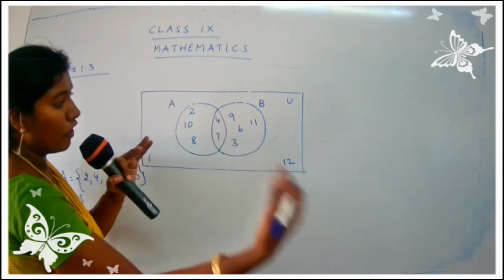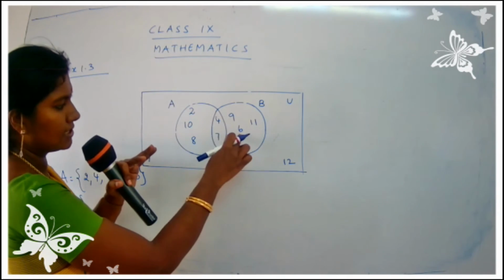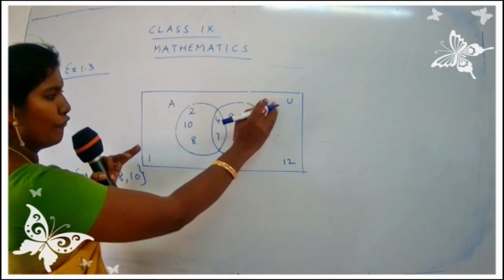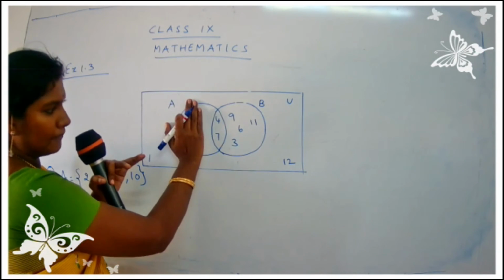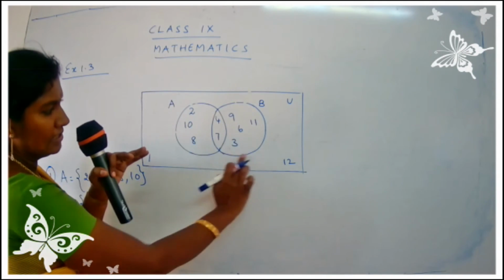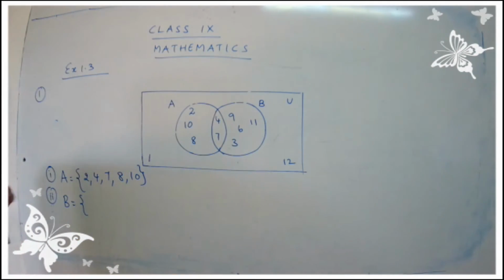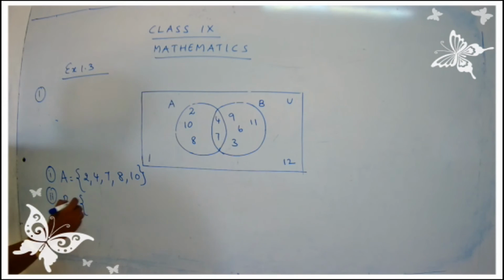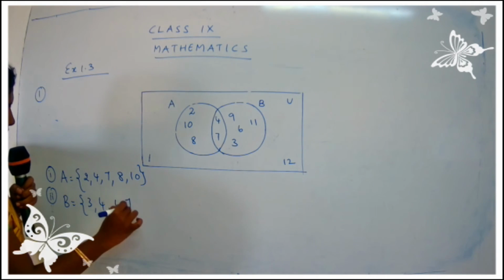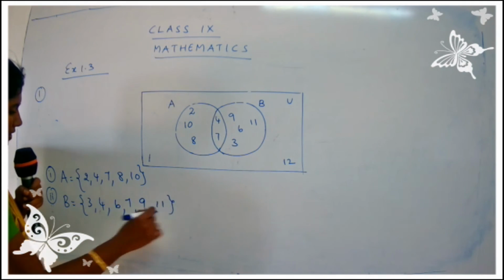We can go in order. 3, 4, 6, 7, 9, 11. So when you go for B, just keep a hand on A. When you keep a hand on A, you get a clear circle for B. You can see a clear circle for B and you have to write that as the elements of B. So 3, 6, I take 4 first. 3, 4, 6, 7, 9, 11.